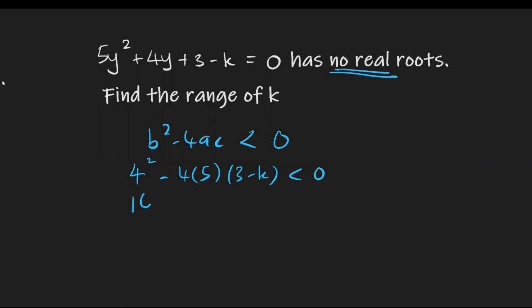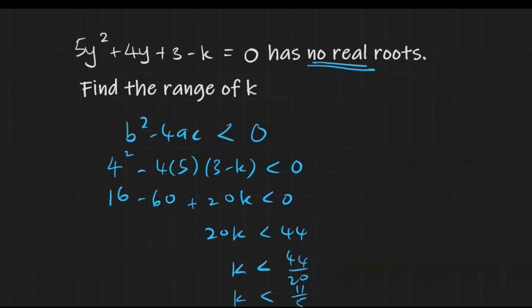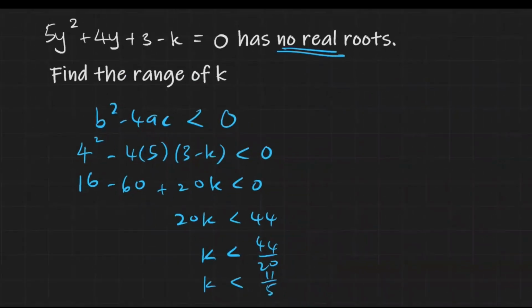Then you open up all the brackets, keep k on the left side and move the numbers to the other side. In this case, I do not need to worry about reversing the inequality sign because I'm not dealing with a negative coefficient for k. But make sure that you simplify the inequality or the fraction.